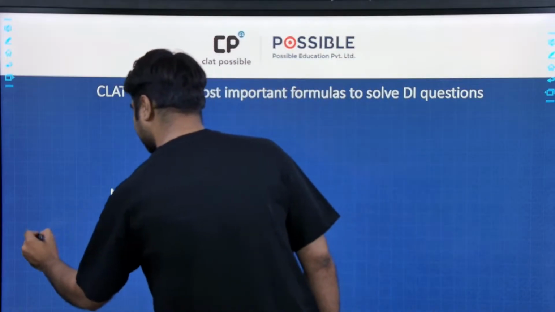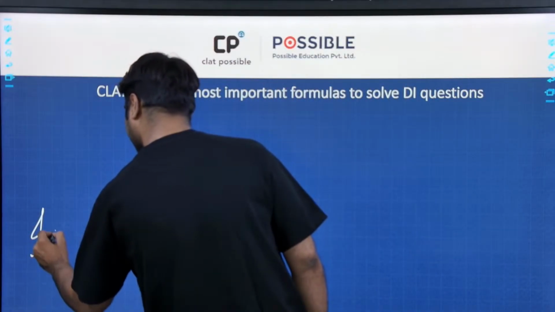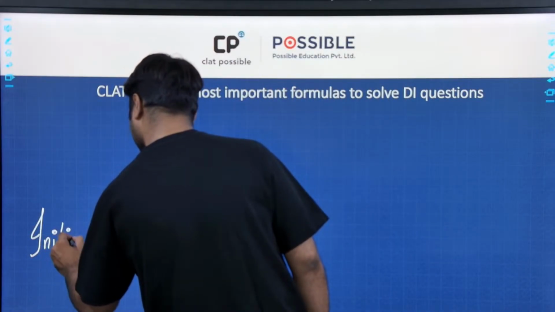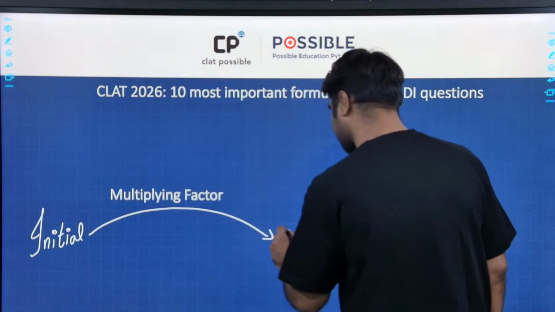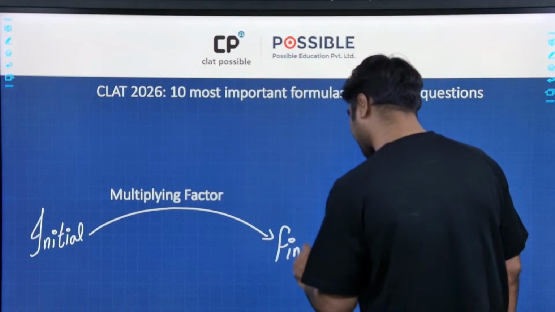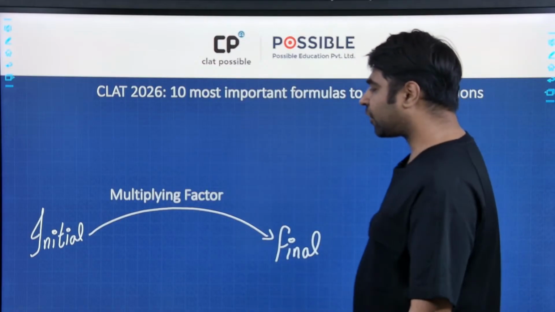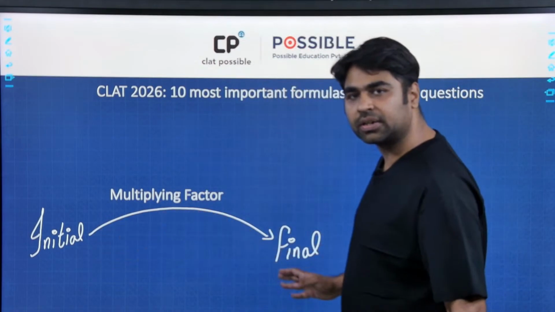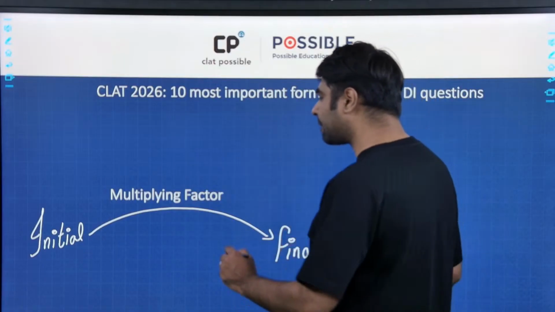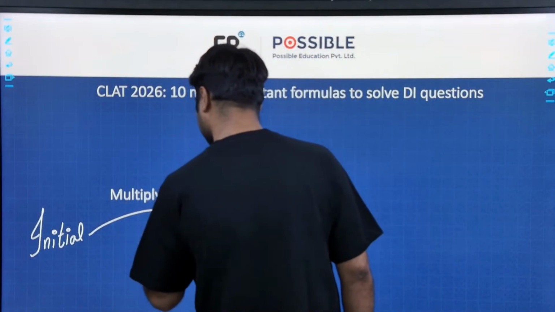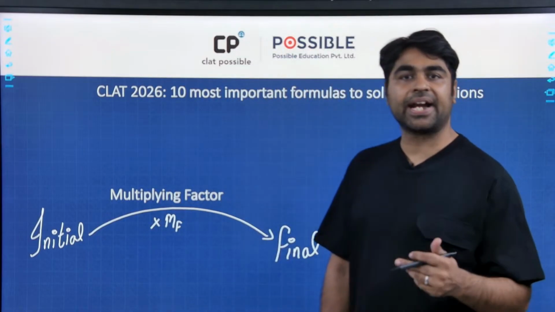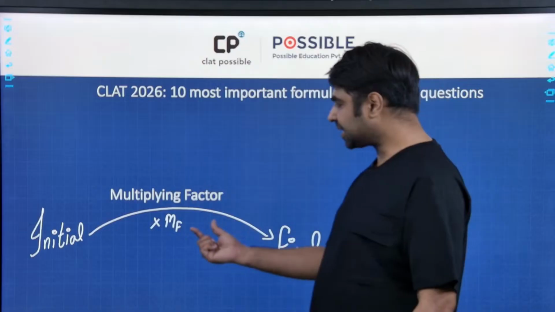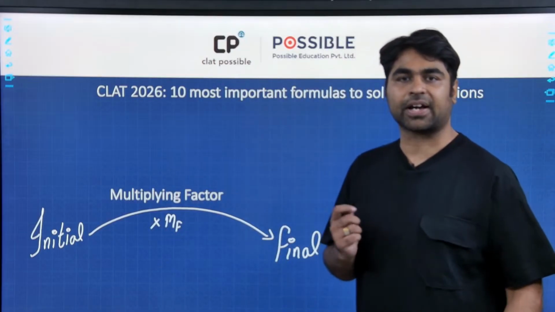The same thing I'll do here: wherever you are starting from, that is the initial value, and wherever you are ending at, that is your final value. Then from initial till the final, if you multiply something to it, instead of adding or subtracting from it, that number is called your multiplying factor.